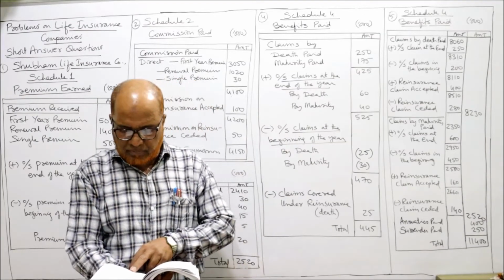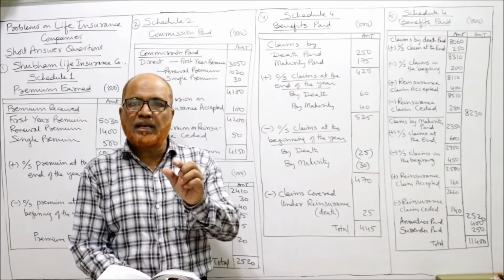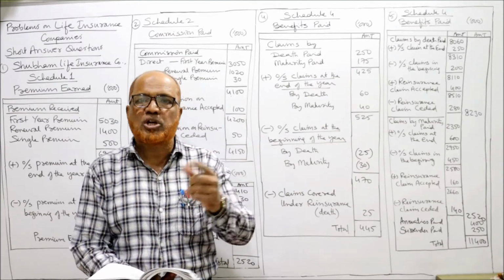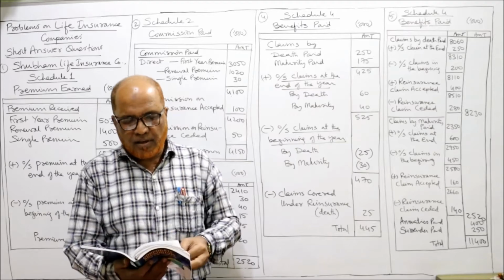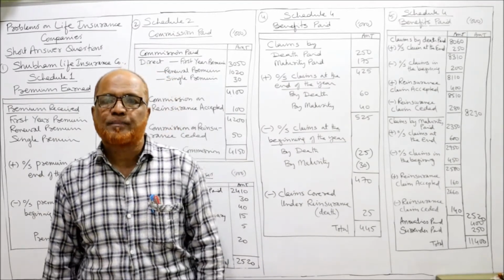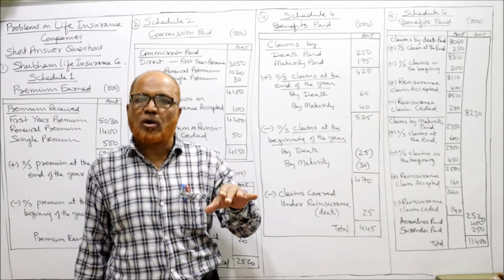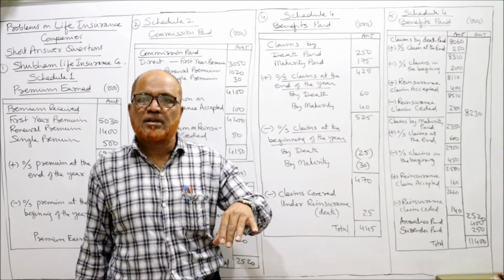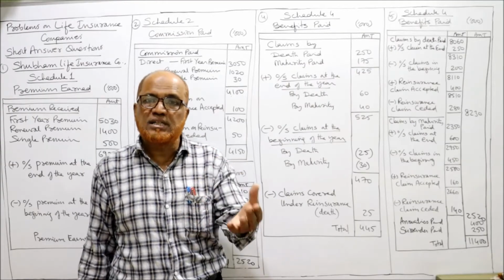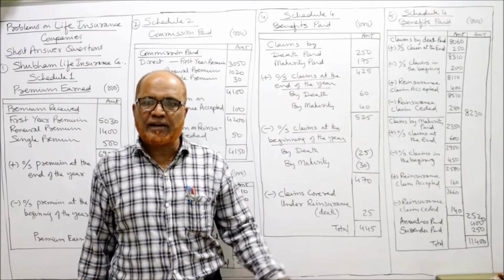Direct first year premium 3050, renewal premium 1020, single premium 30. That is, they are paying commission on the premiums. Then commission on reinsurance ceded, commission on reinsurance accepted. I have explained in detail in the previous video what commission on reinsurance accepted and commission on reinsurance ceded are.